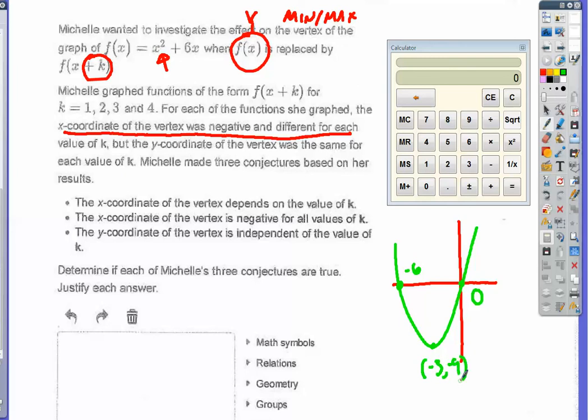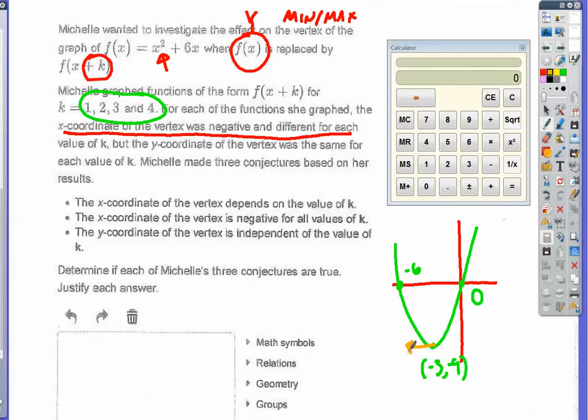When you plugged in 1, 2, 3, and 4 for k, it made your parabola slide, and it said the x-coordinate of the vertex was negative and different. So this translation was sliding the graph in this way. But the y value of the vertex was the same for each value of k. In other words, it didn't go up or down, it just slid.